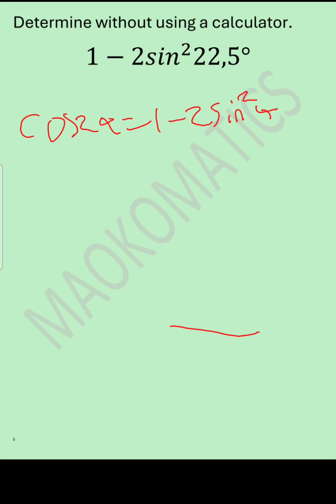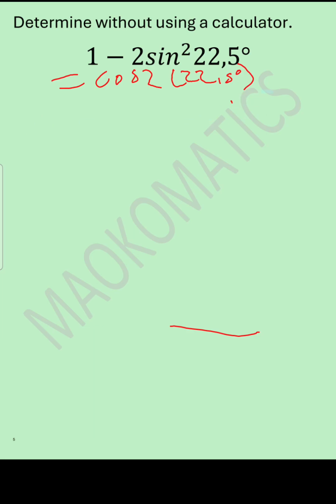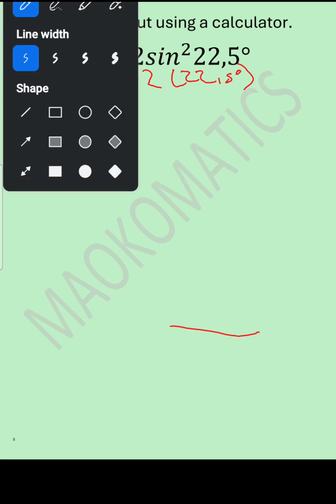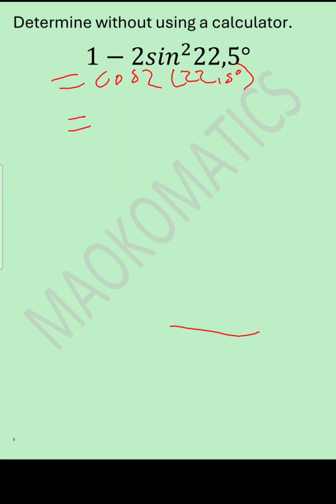Therefore this one here is the same as cos of 2 times 22.5 degrees, which equals cos 45.